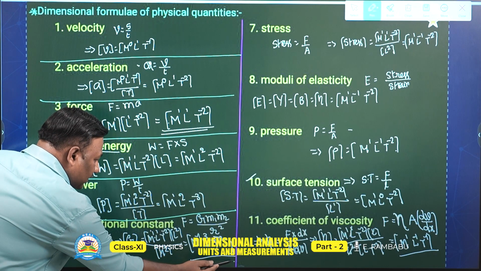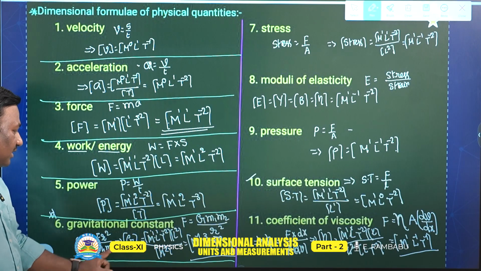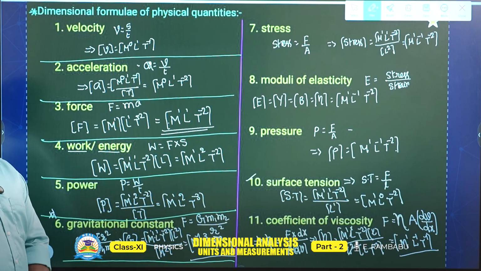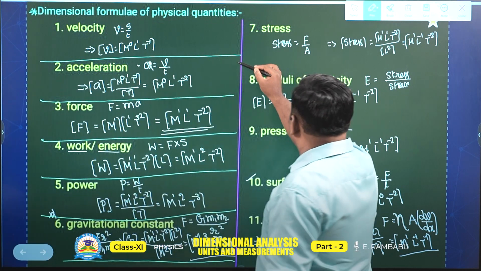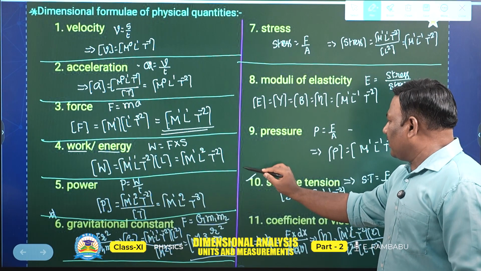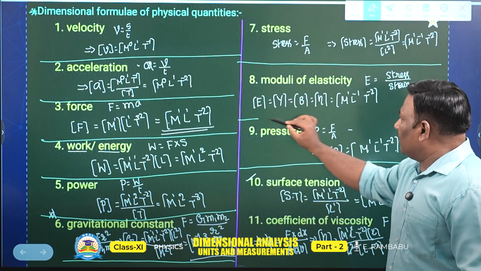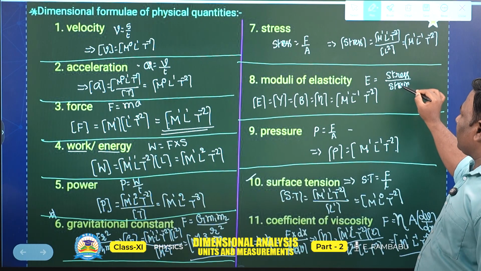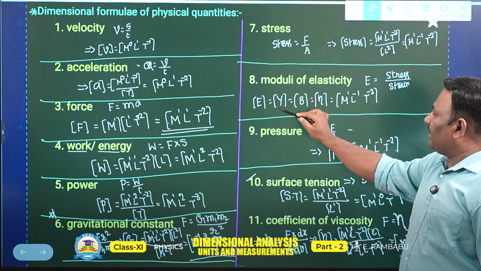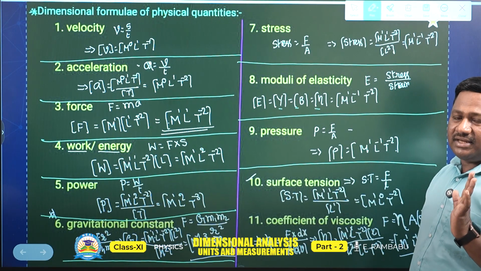And we know the universal gravitational force, Newton's law. Based on Newton's law, we find the dimensional formula of the gravitational constant. After that, the dimensional formula of stress: stress is nothing but force per area. Pressure is also force per area. Moduli of elasticity is stress by strain, and there are three moduli of elasticity: Young's modulus, bulk modulus, and rigidity modulus.